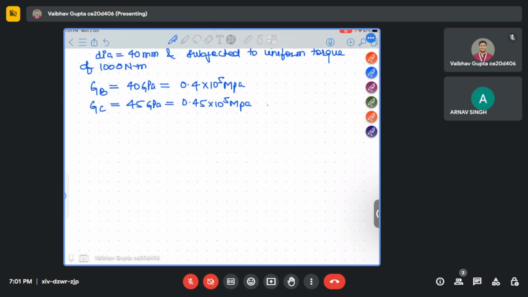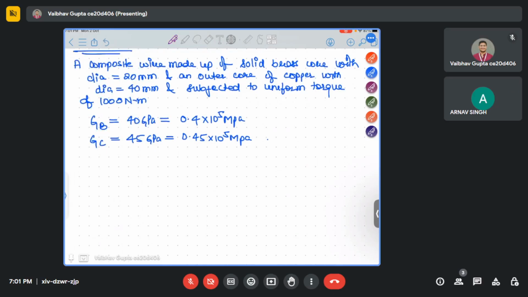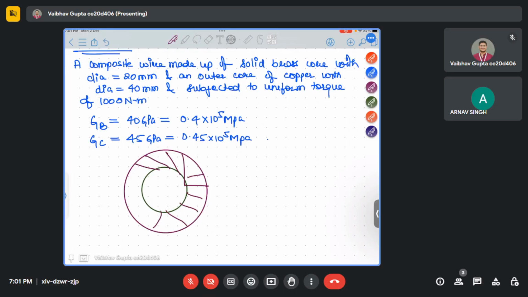Now I'll draw the diagram. You understand the question? Yes, sir. So we have a solid circular section, which is made out of two materials. So this is copper, and inside one is brass.